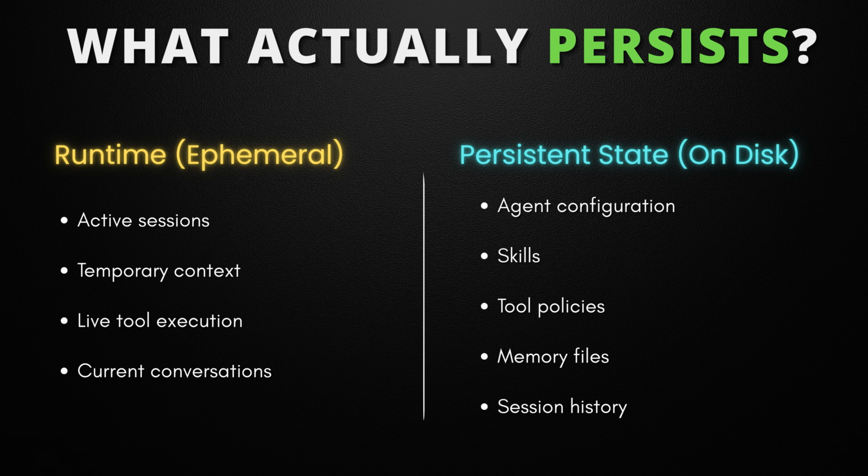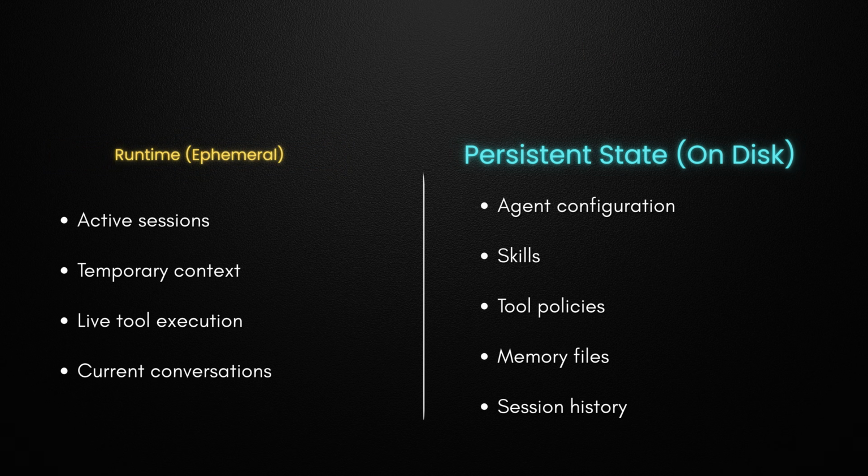Your agent configuration, your enabled skills, your tool policies, your stored memory, your session history, all of that lives on disk and survives restarts. That's the key shift, because if you shut down your machine and start it again, your agent doesn't forget who it is. And once you understand that persistence exists, you start thinking more carefully about where that disk actually lives.